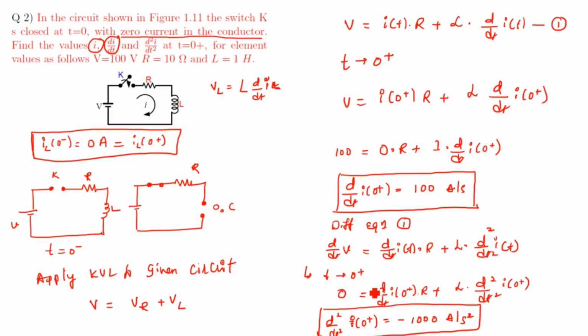Is that right? So it is calculated. It is 100 into R is 10, it is 1000. If it comes there, it is minus 1000, divided by L is 1. So we will get d square by dt square of I of 0 plus equals minus 1000 amperes per second square. It is also calculated here.